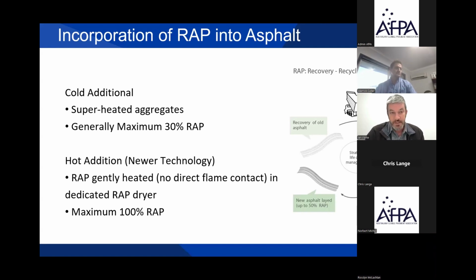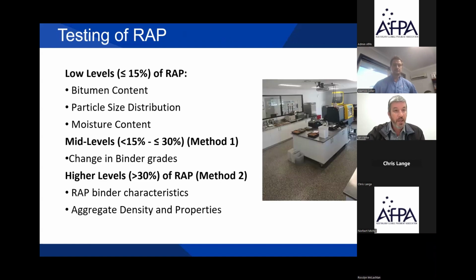The newer technology is in Australia now, and there is a hot RAP addition. That goes through a dedicated dryer and is gently heated up to the required temperature of 150 to 160 degrees. With this technology, it's possible to go up to 100% RAP in asphalt. There are three sort of levels of RAP.